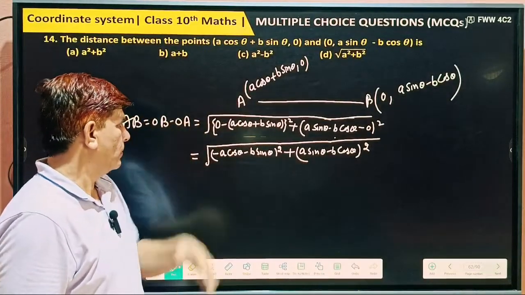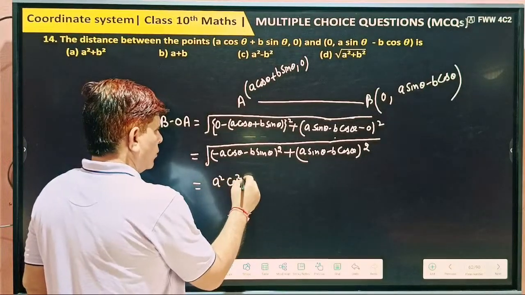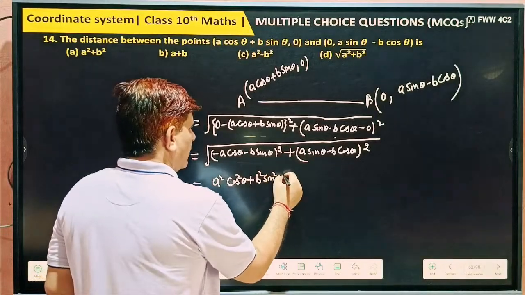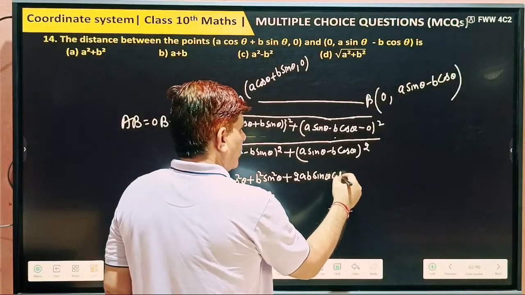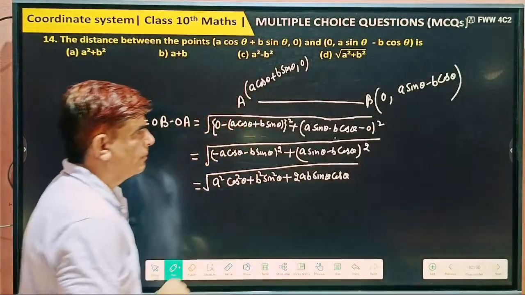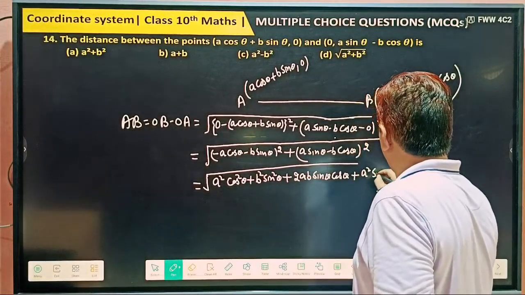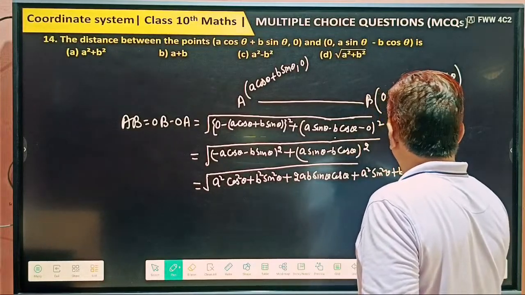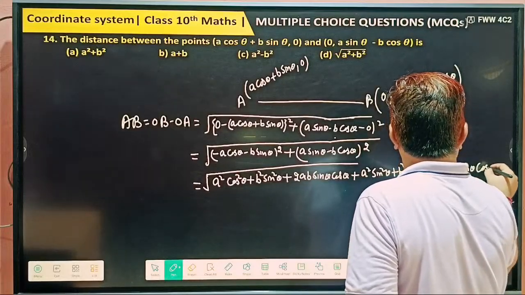So what does it become? A square cos square theta plus B square sin square theta plus 2AB sin theta cos theta. This is the first one. Now this, A square sin square theta plus B square cos square theta minus 2AB sin theta cos theta.